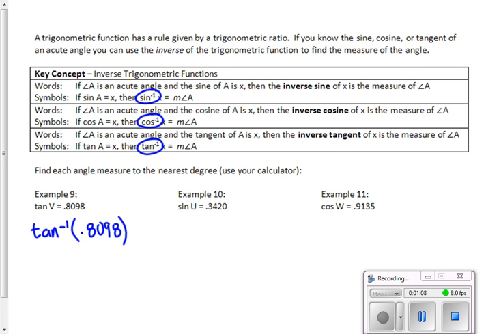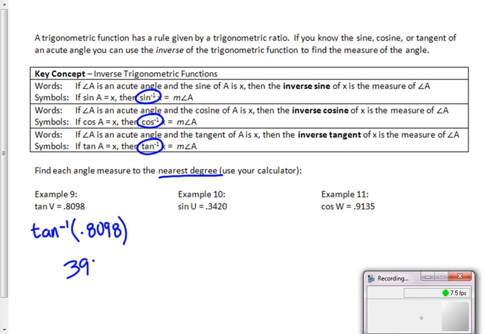When you hit equals, it gives us the interior angle measure, and we want to round to the nearest degree. On your calculator it's displayed as 39.000555251, so to the nearest degree, that is approximately 39 degrees.